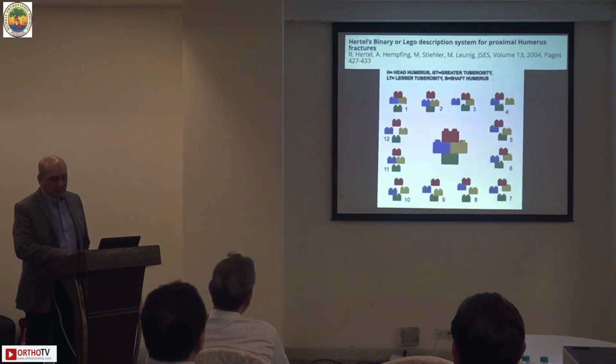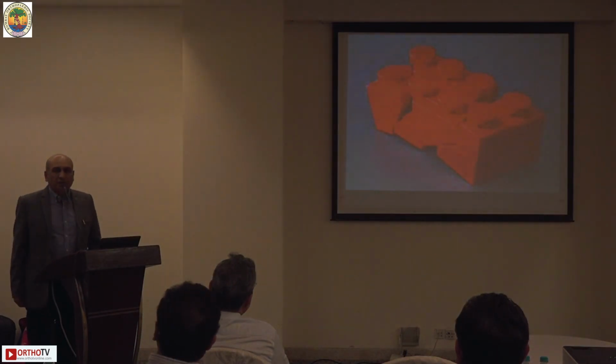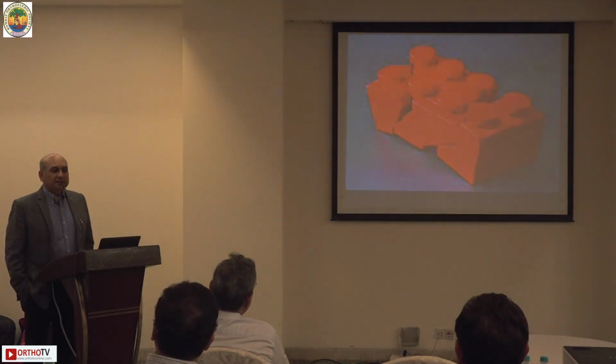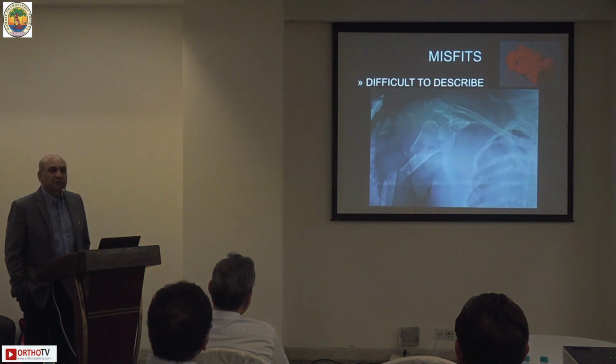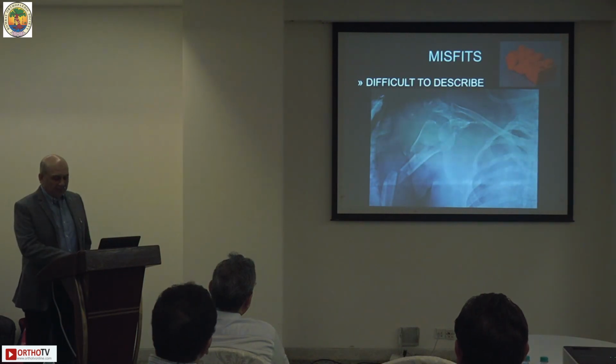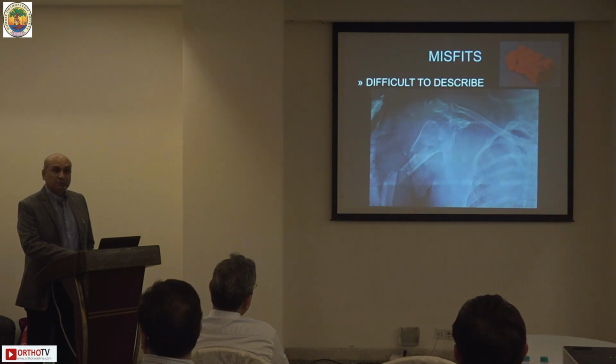So still I don't find it adequate. Just read it up, it was proposed by Hertel. What I find really challenging is the shattered red fragment, the shattered head, which makes proximal humeral fractures really complex. There are various complex scenarios, and some of them don't fit into any classification. That creates the need to describe proximal humeral fractures better, and we need a better classification.